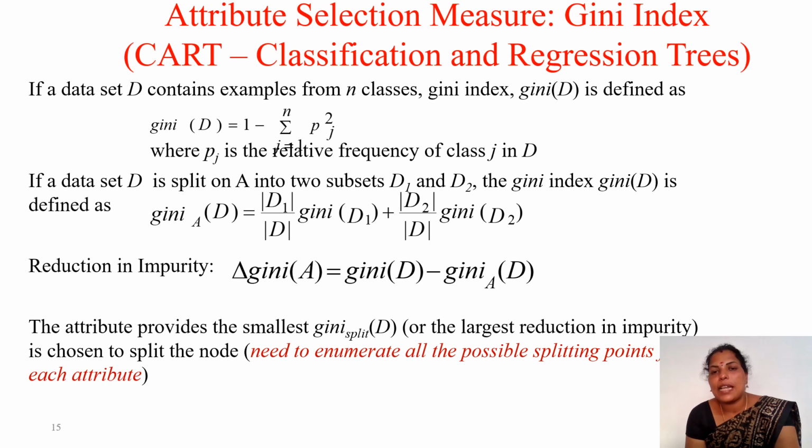Next is the attribute selection measure using Gini index. This Gini index measure is used in the classification and regression trees method. If a data set D contains examples from n classes, then the Gini index of D is defined as Gini of D equal to 1 minus sigma j equal to 1 to n of pj square.